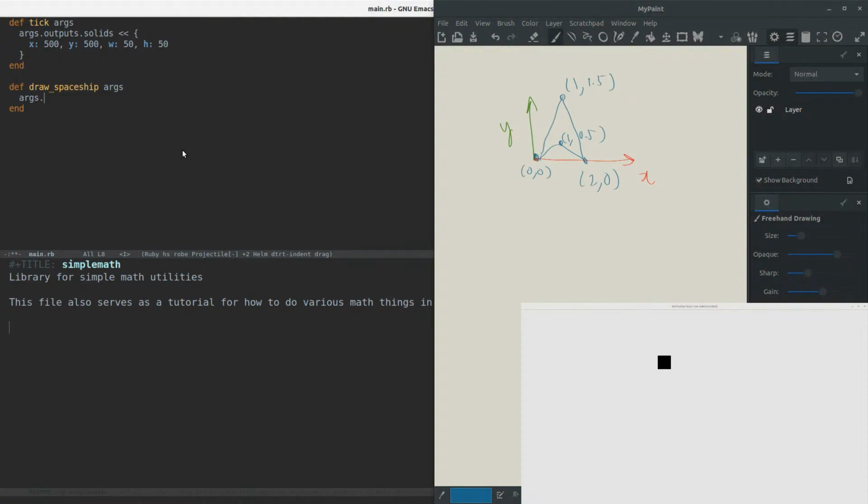Okay, so we'll do render target, and we'll call this spaceship. And we'll render, and we'll do this out of lines. And actually, does anyone know if I can do something like that? Maybe. Usually I just do this. So we'll quickly put something together here.